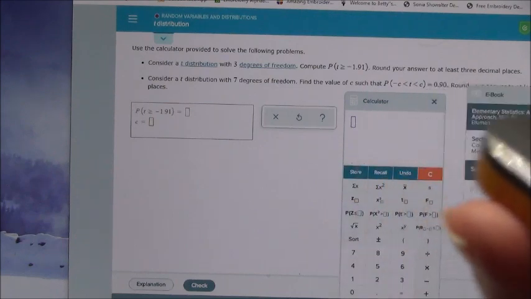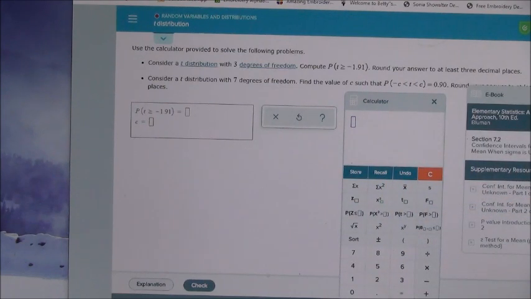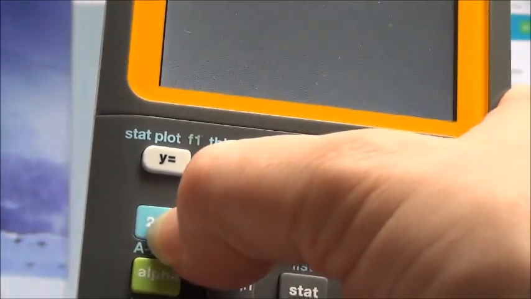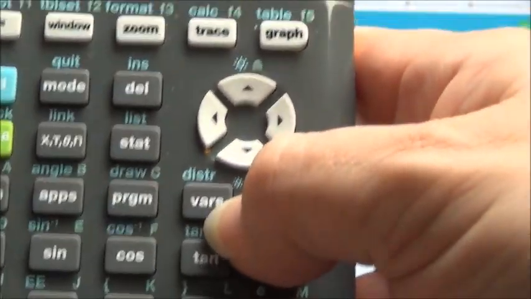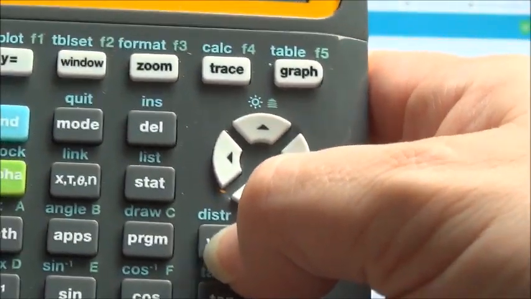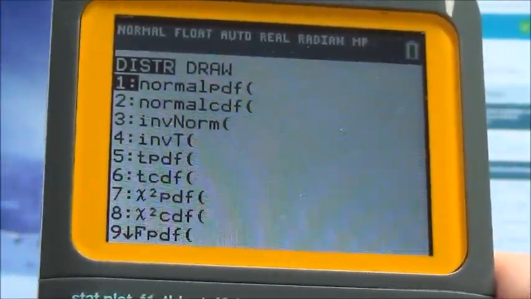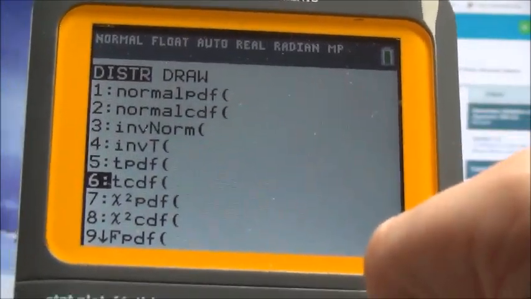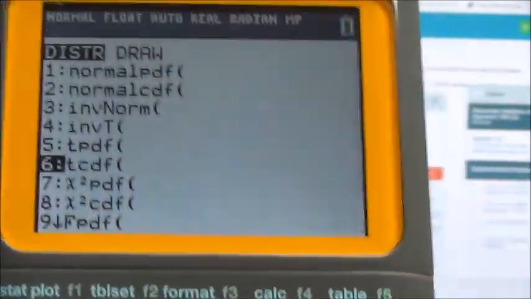So if I grab my calculator here, we again are going to hit the blue button, which is the second button, our vars button like we did before to get the distribution menu. And once I have my distribution menu, I'm going to go down to number 6. Number 6, you can see, says TCDF.